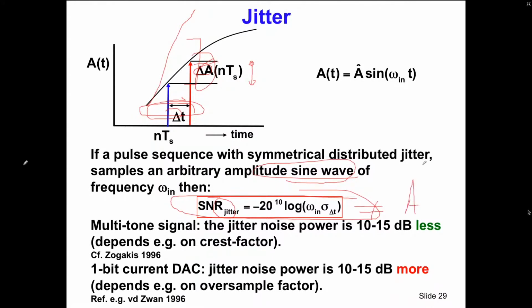This is a very important property that allows you to characterize whether you have jitter in your system or whether you're still looking at sample noise. With multi-tone signals, like we use in mobile phone communication, you have less jitter. In current ducts, for instance, you have more jitter, but all of these things depend on specific application parameters.